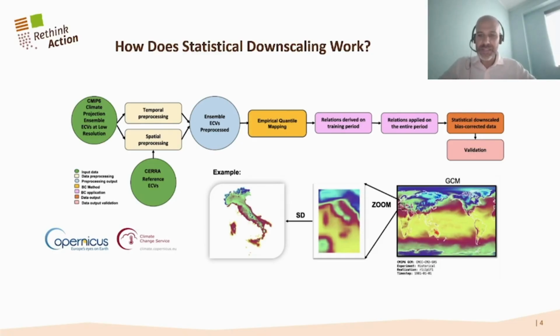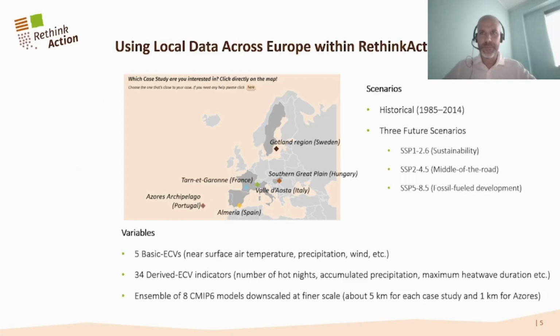The statistical downscaling compares what the models say about the past with what actually happened locally. It learns the differences and then uses that information to adjust future projections. But it does more than just correct the data. It also lets us zoom in, going from very large areas to a much finer detail.